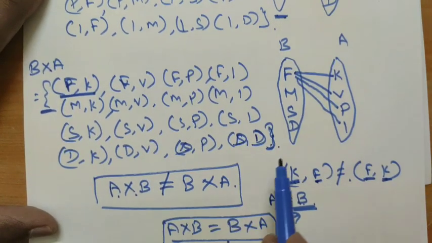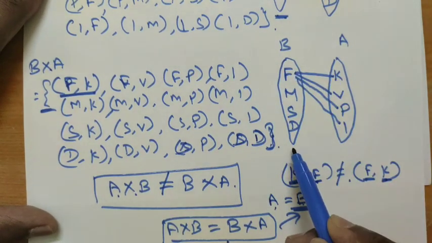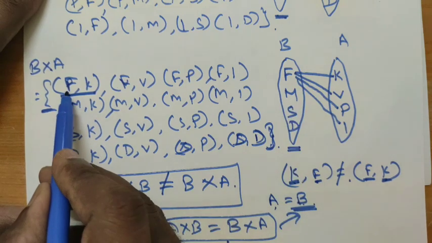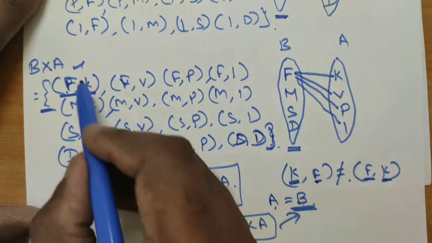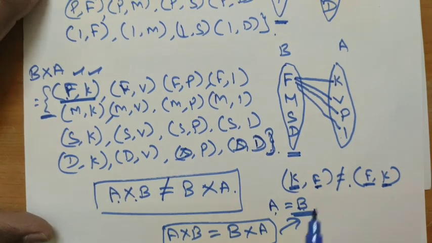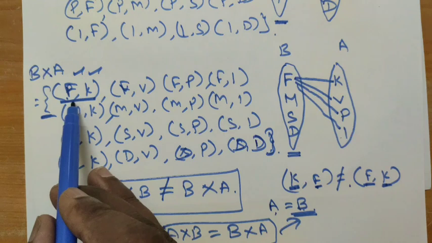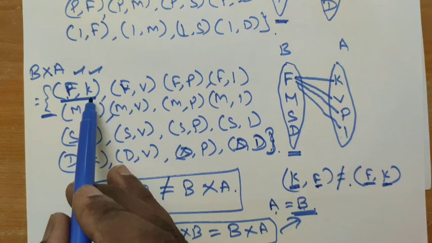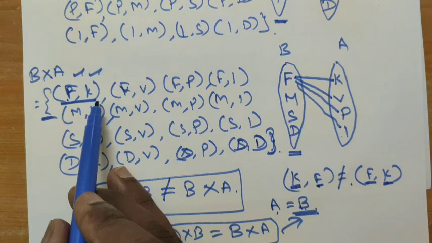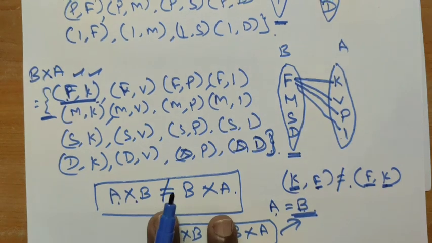Now in the second term, B cross A, the first set is B, so B set's element is F and A set element is K. So whatever the first set may be, either A or B, the first set's element should always be first, and the second set's element should be second, right? That is the condition for the Cartesian product.